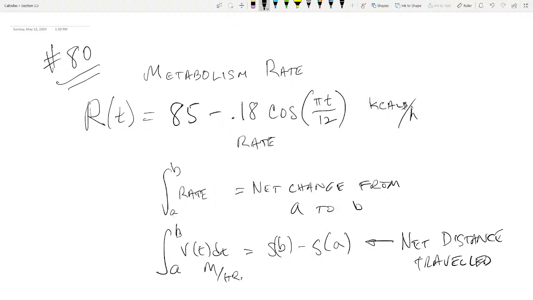So when you put in some other rate, here it's kcals per hour, the integral of r of t from A to B, you can put the dt in there, is going to be the net change, in this case, in kcals.